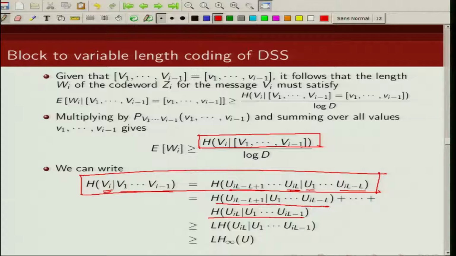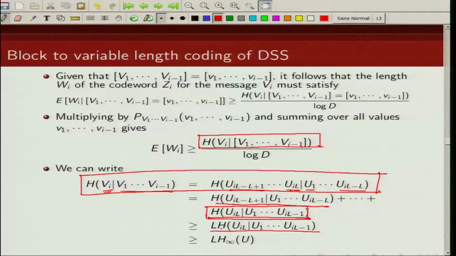Now again, from the property of the sequences that come out of a discrete stationary source, we know that as the number of conditioning letters increases, this is a non-increasing function. So the smallest term here would be this particular last term, and there are L such terms. So this right hand side can be lower bounded by L times H of U iL given U1, U2, U3, up to U iL minus 1.